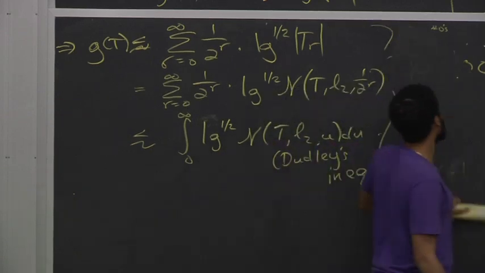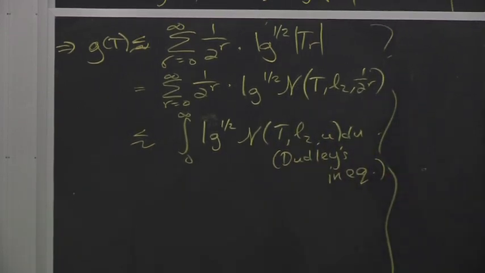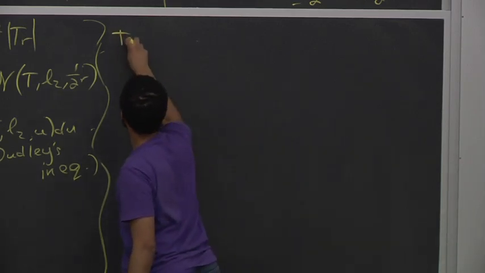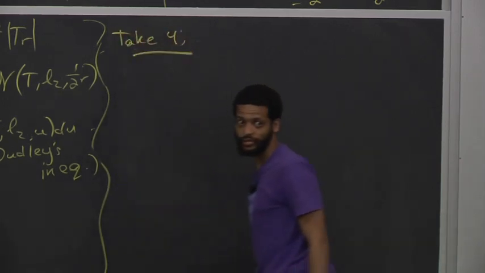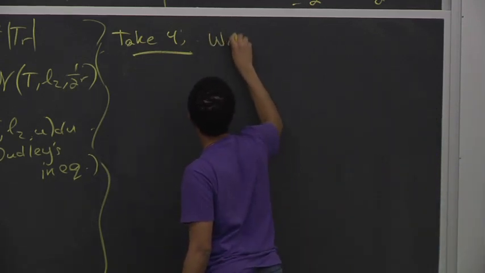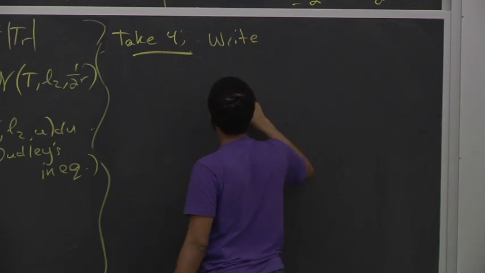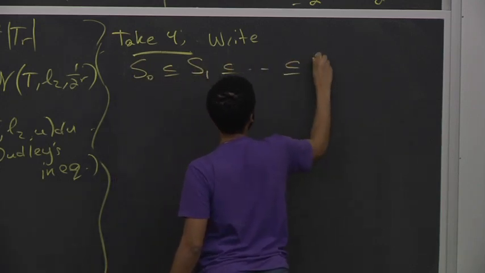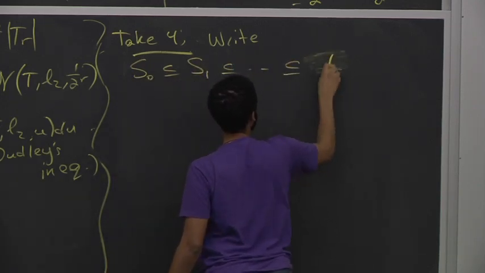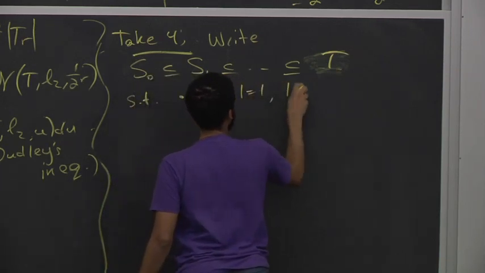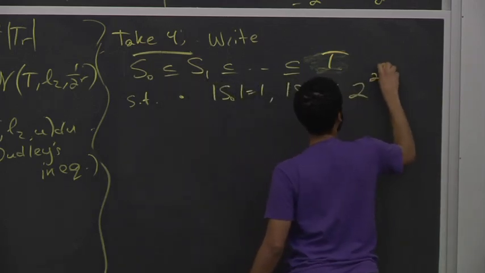Okay. And I'll just write take 4 without actually proving it, but I'll put the proof in the notes in case you're curious. So take 4. Write S0 subset of S1 subset of ... subset of T, such that the size of S0 is 1 and the size of Sr is at most 2 to the 2 to the r.